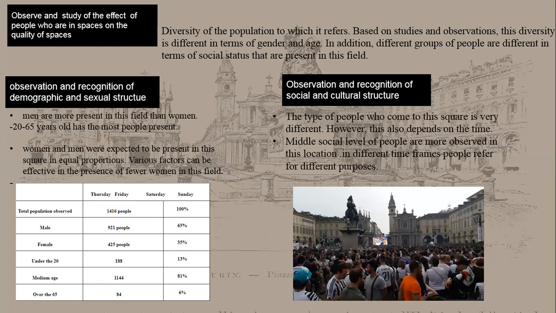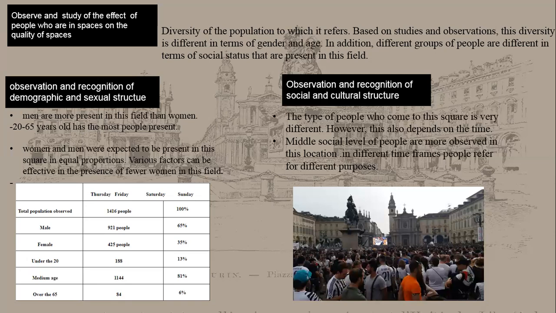In addition, the number of people that spend their time in San Carlo depends on the day and even the time. For example, when different celebrations are held, people from different groups come to this square. It is customary to stage various historical and social events, including elections and concerts. Next slide.